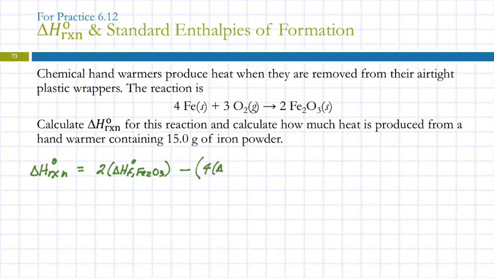I've got 4 times the heat of formation for iron and 3 times the heat of formation for oxygen. So this is really 2 moles of that times the heat of formation. That happens to be the same compound we used in the previous example, so minus 824.2.